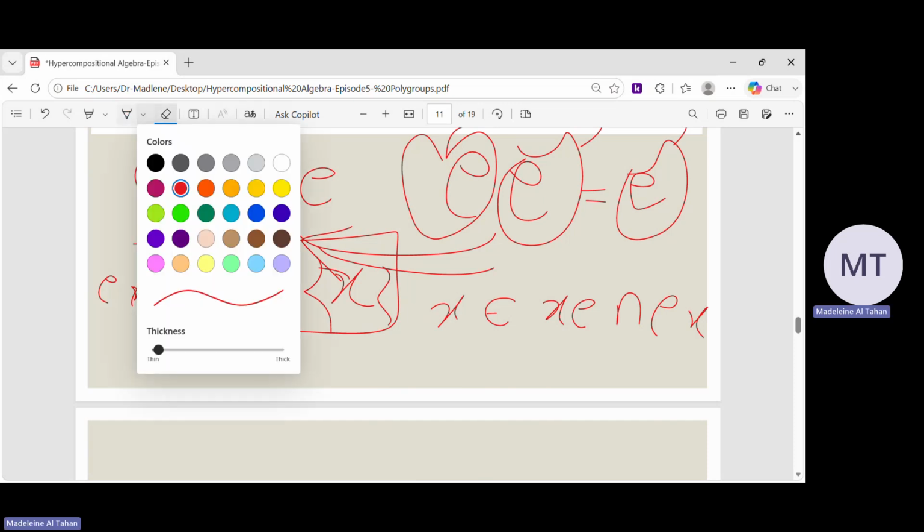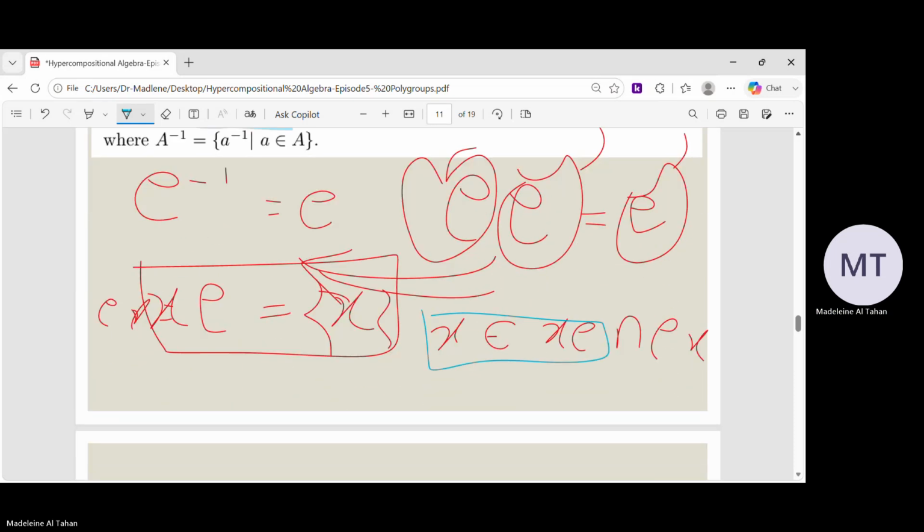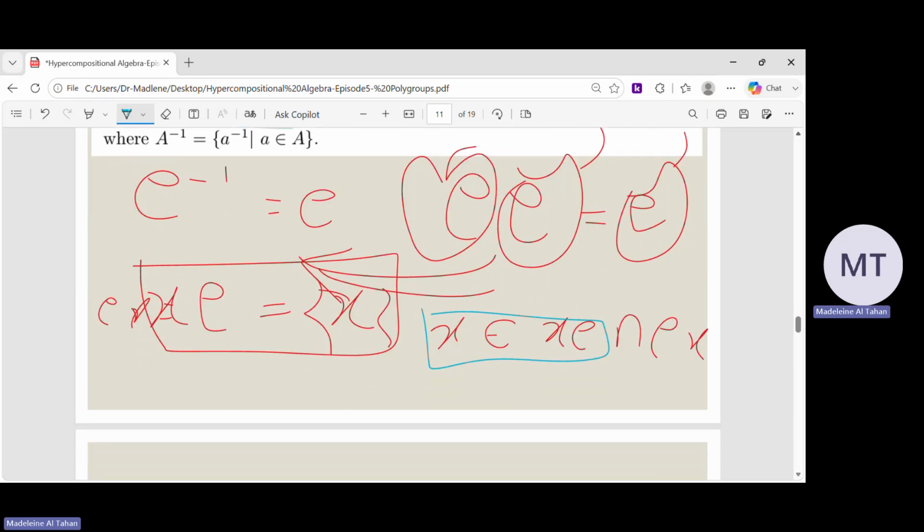Let's start with this part first. So X belongs to XE. Our aim is to get X inverse. So if X belongs to XE, what can we deduce here?